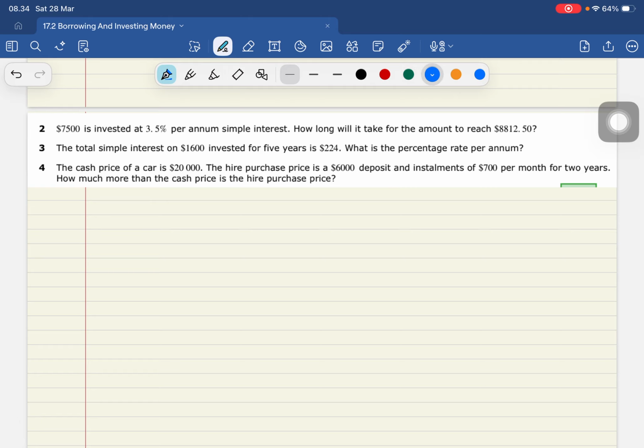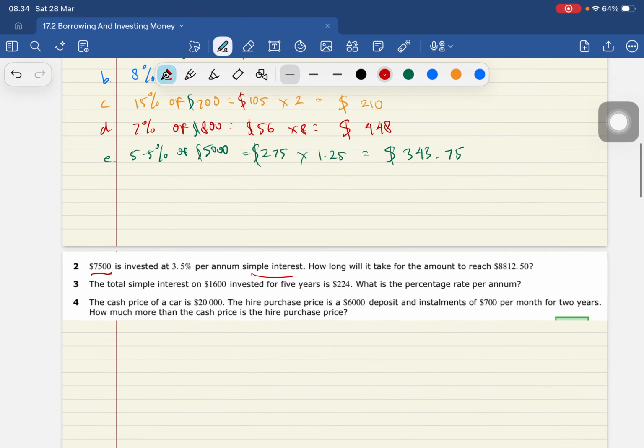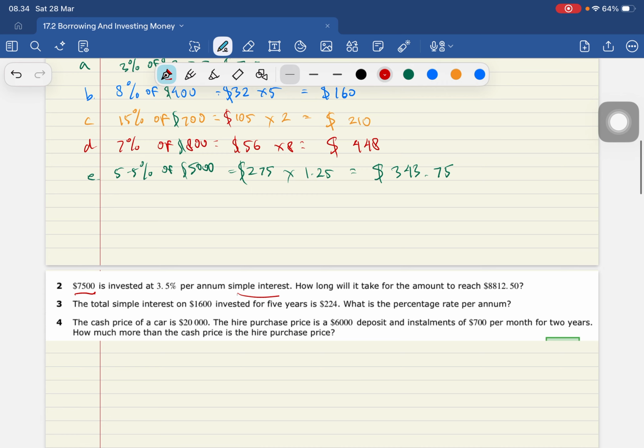Number 2, okay, $7,500 is invested at simple interest. How long will it take for the amount to reach $8,812.50?